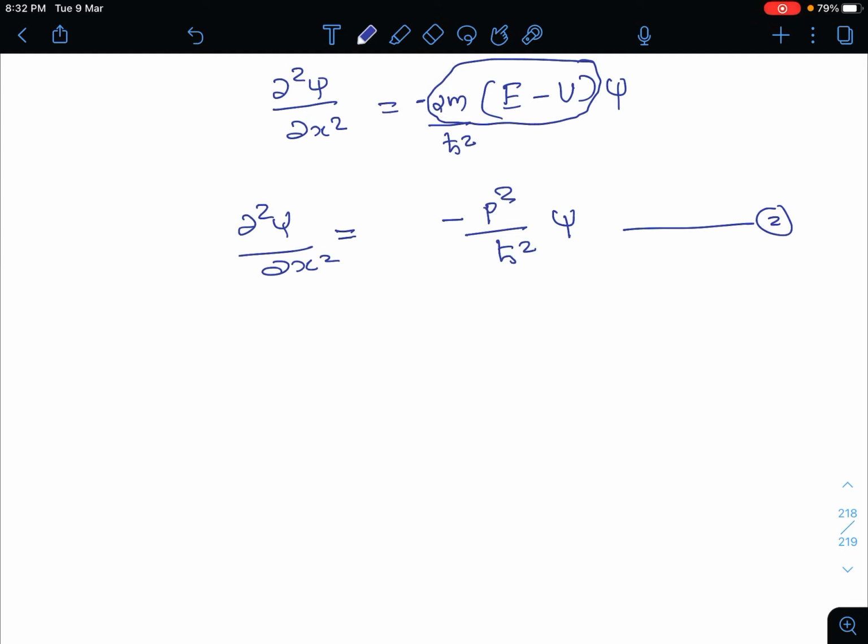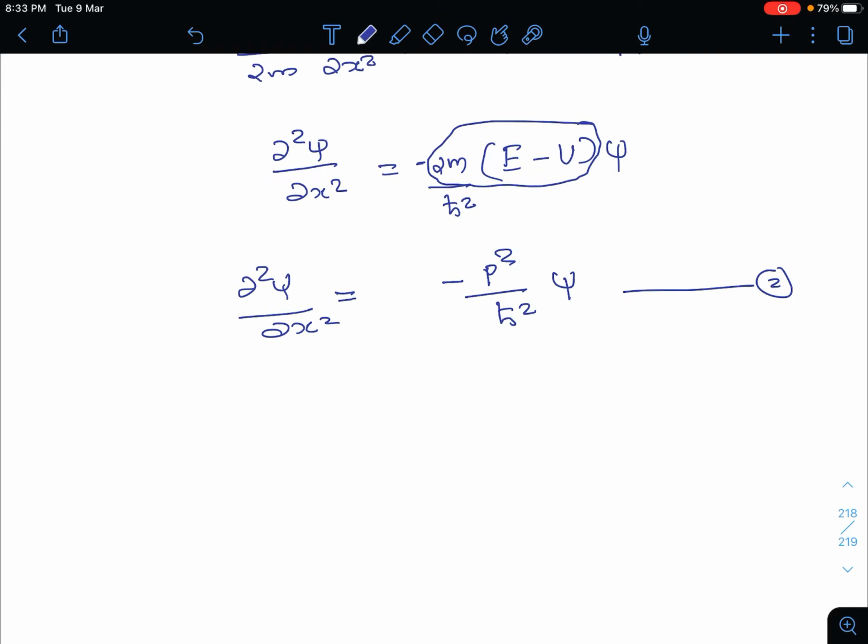Now we can say that since E is greater than V in the classical region which we are considering, 2m(E minus V) is a positive quantity.